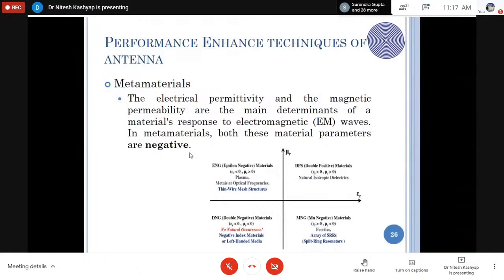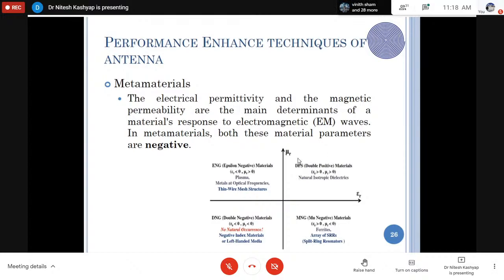As I already told you, we have epsilon and mu. We find the double positive material in nature, natural isotropic dielectrics. These two properties are related to the designing of an antenna.